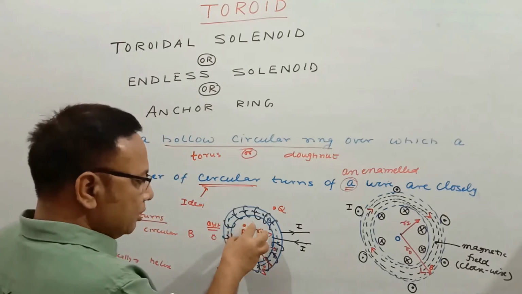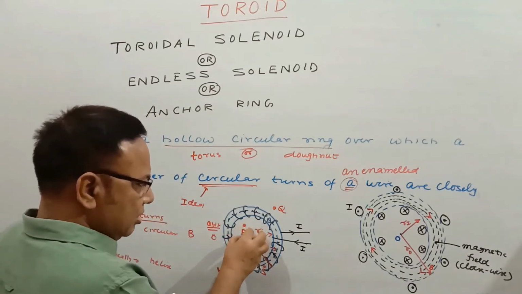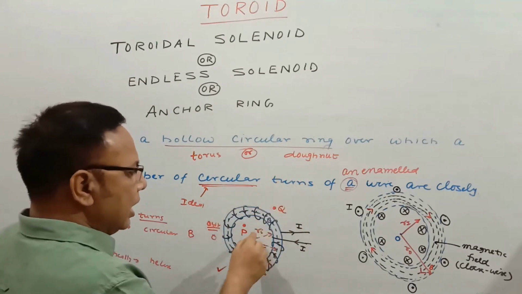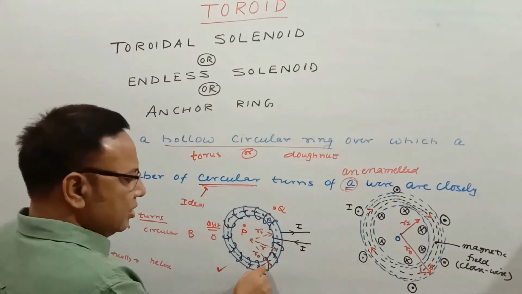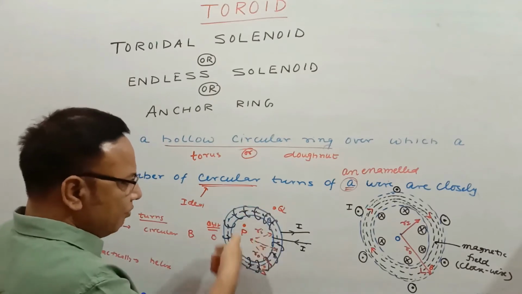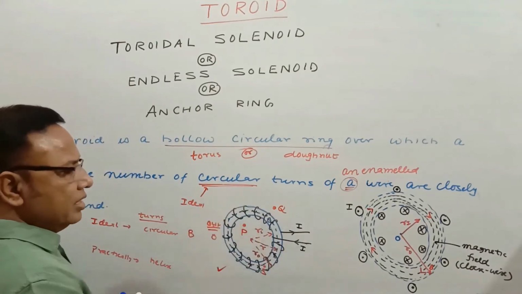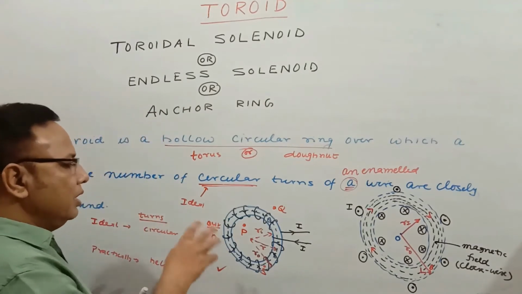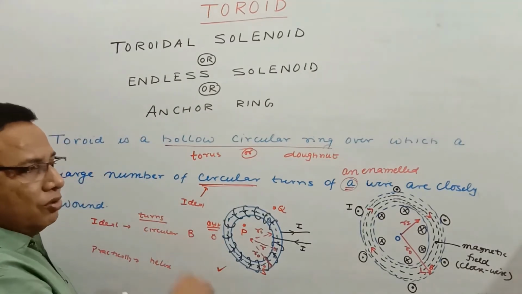P is in the open space inside this. Q is outside the toroid in open space, and S is inside in the core or in the confined zone where the magnetic field is existing. So let's try to see the actual value of the magnetic field to be determined with the help of Ampere's circuital law.